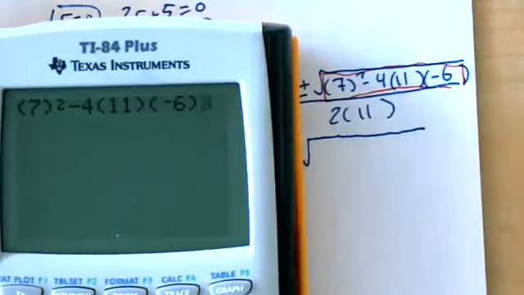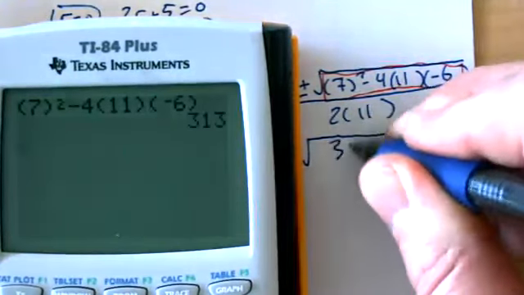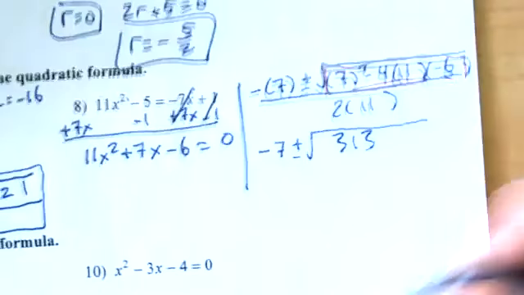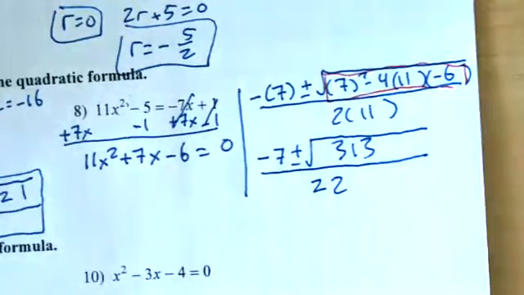I just typed, and I'm not dividing it because it's just the inside of the radical. That is 313. And this is 22 down here. And that's it. I think that's my answer. I'm pretty sure 313 is not divisible by any primes.